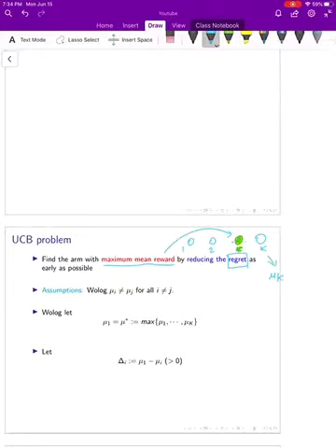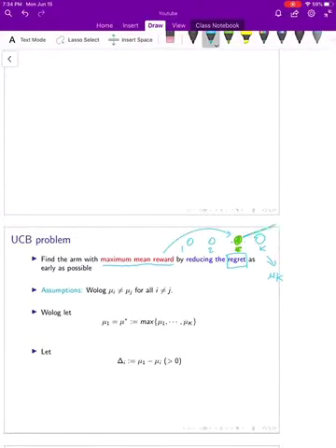So this translates the green, the maximum, to finding max over i of mu_i, but we do not have any knowledge about this mu_i.